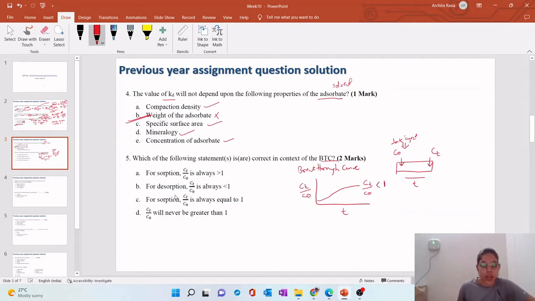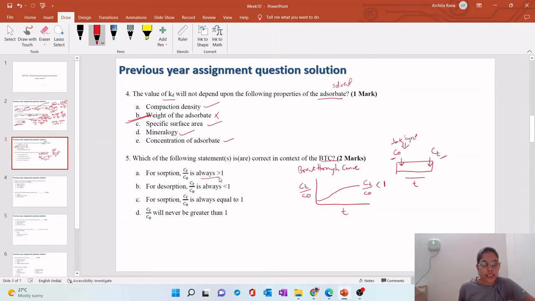Now they are asked based on sorption and desorption. Sorption means that the soil is absorbing or adsorbing the compounds. In that case, Ct can never go above the initial. In any of the cases, even if there is adsorbent, even if you are removing the material, or even if you are injecting, the final concentration can never go above the initial concentration.